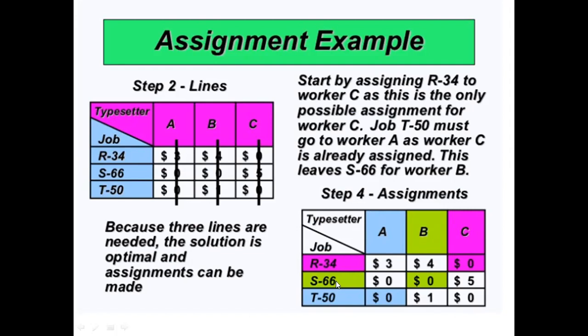So we choose B in this case because we do not have other options. And then in the case of T50, we choose A because that's the only possible location.